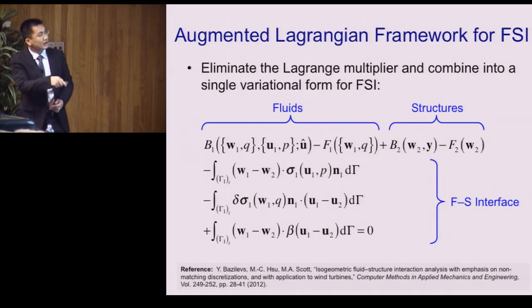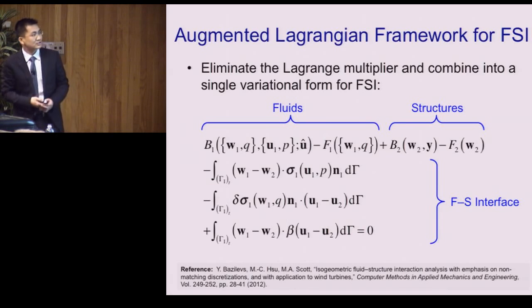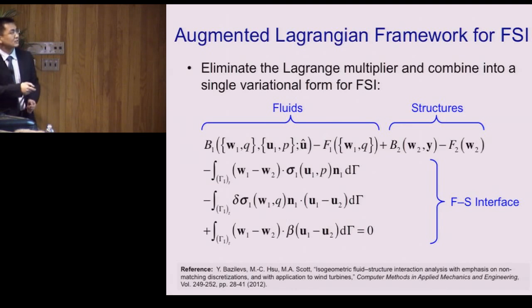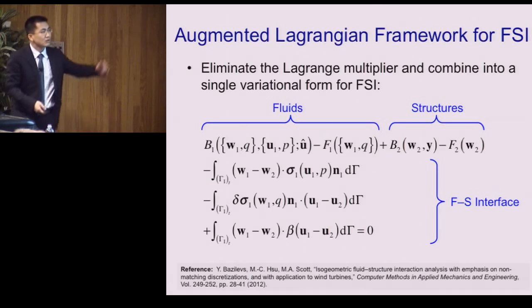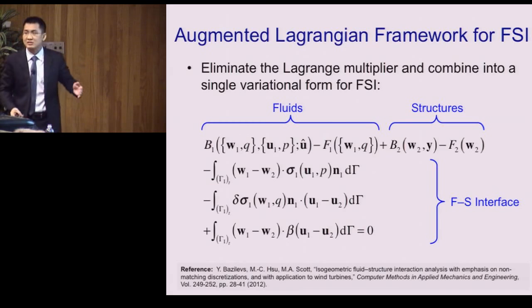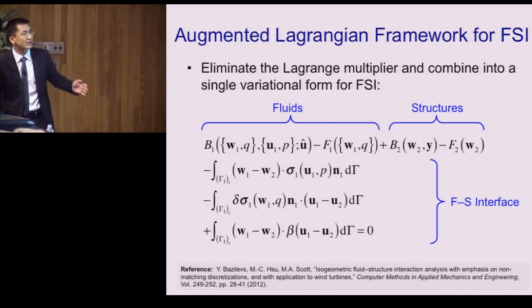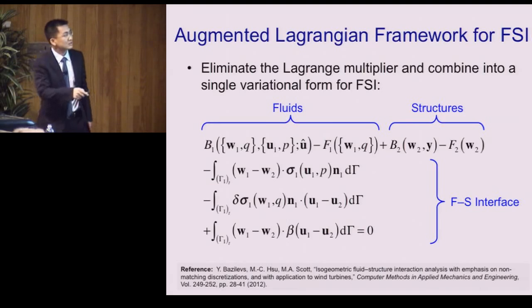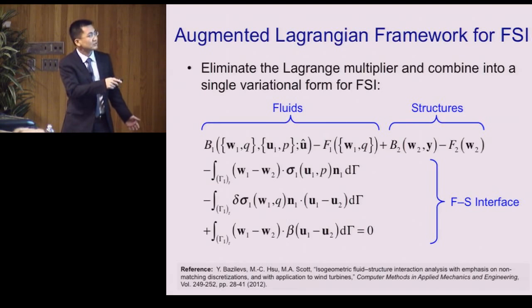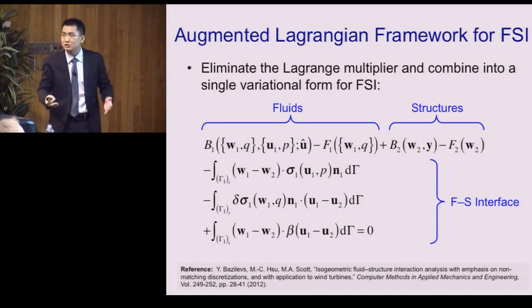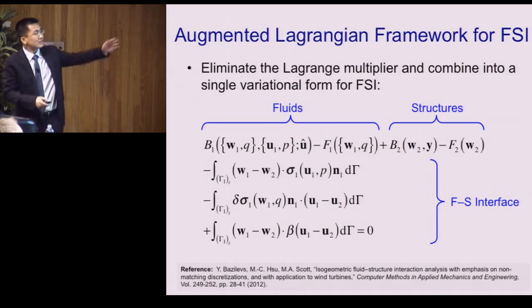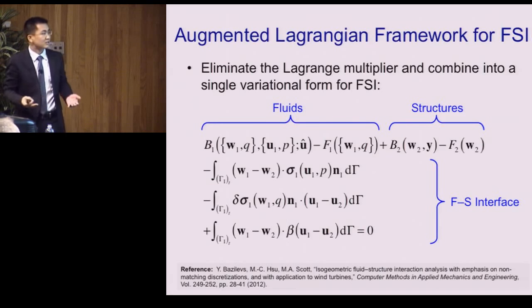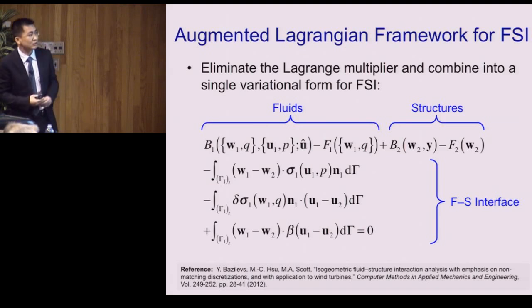But the key is, right at the interface, you have three very interesting terms: the first called consistency, the second called adjoint consistency, and then a penalty or stabilization term. These terms weakly enforce the constraint at the fluid-structure interface. So you have weighting functions from the fluid and weighting functions from the structure, so you have a mismatch, and this formula is able to handle that in a very nice mathematical way.